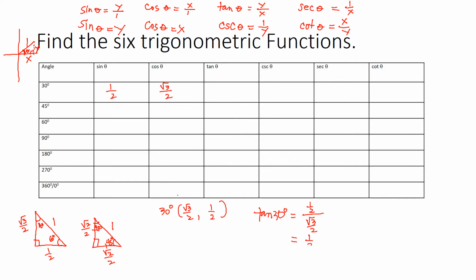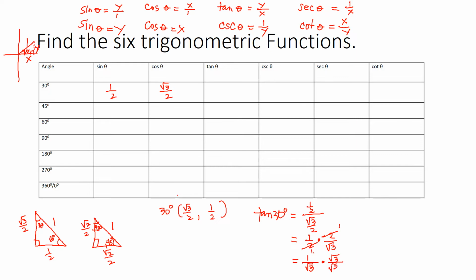So we have 1/2 times the reciprocal of the square root of 3 over 2, which is gonna be 2 over square root of 3. This time, we can cancel that one, so we have 1 here and 1. Simplifying that, this is 1 times 1, which is 1 over 1 times square root of 3, which is square root of 3. We are not yet done because we have a radical symbol at the bottom part, so we have to cancel that radical symbol out by rationalizing.